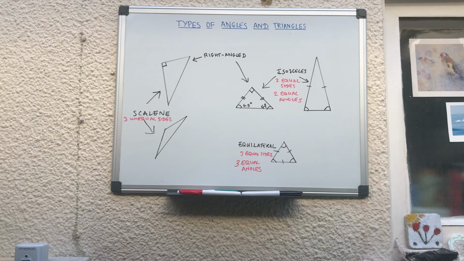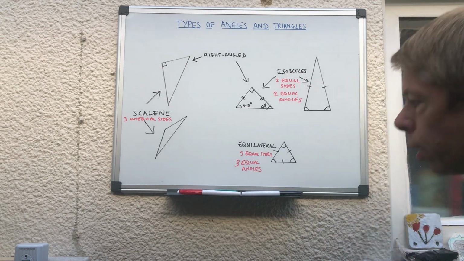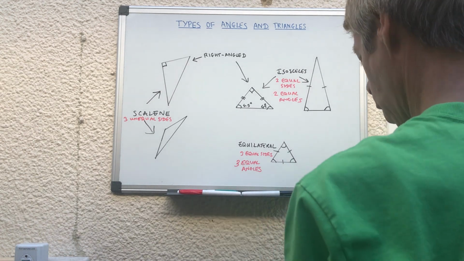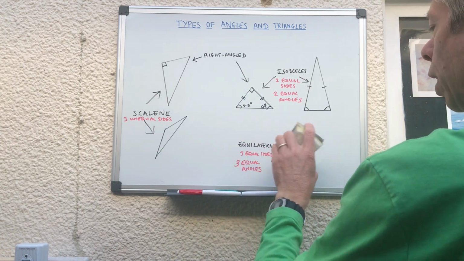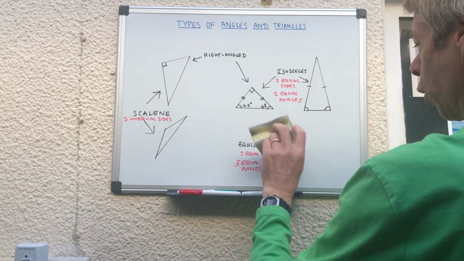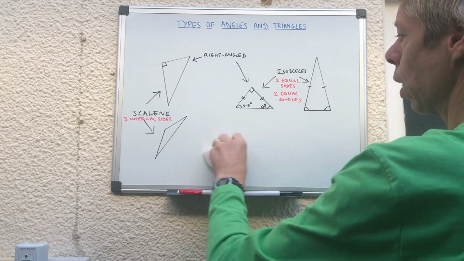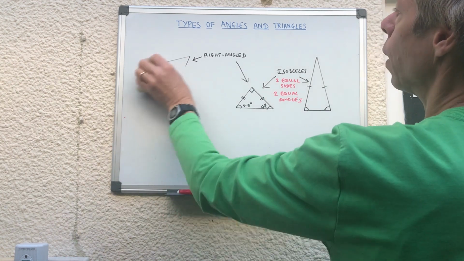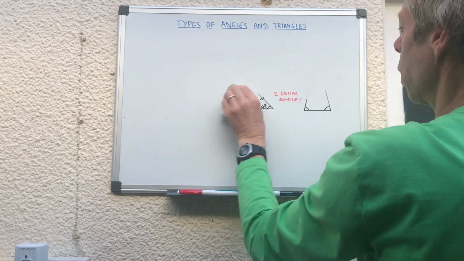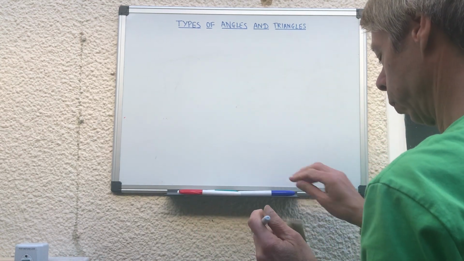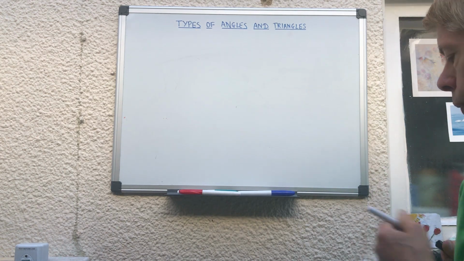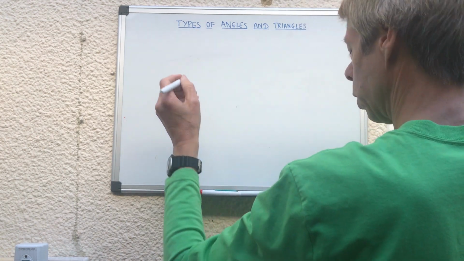Okay, so the test is going to be slightly different today. Still going to have four questions, but it's not going to be so numerical as usual. Okay, so get your pens and paper ready for the test. So, question 1. Angles and triangles.